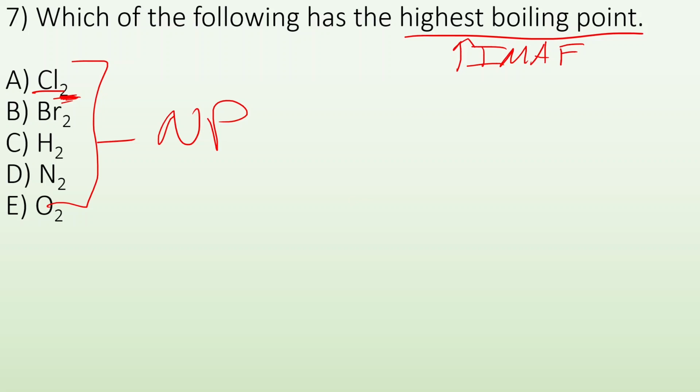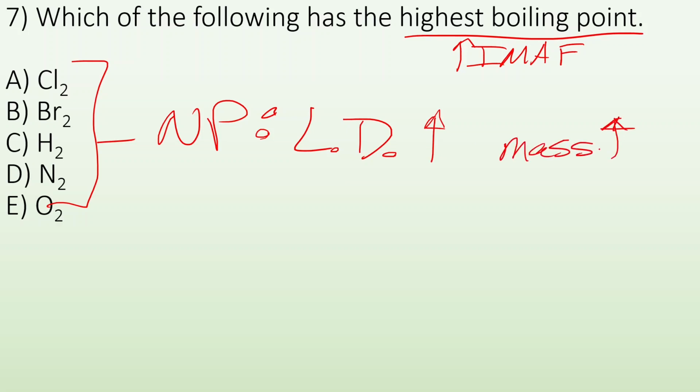So it's definitely a non-polar bond, definitely a non-polar molecule. So when we have non-polar molecules, that tells me it's London dispersion forces. So they get stronger as mass goes up. So this is really kind of asking, which one of these is the most massive, which therefore would have the strongest attractive forces. And if I just look up their molar masses, Br2 is going to be the heaviest one there.